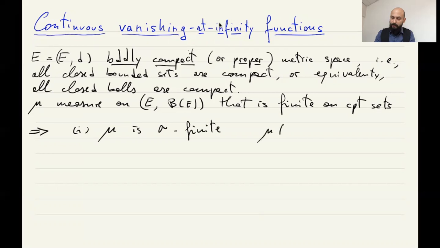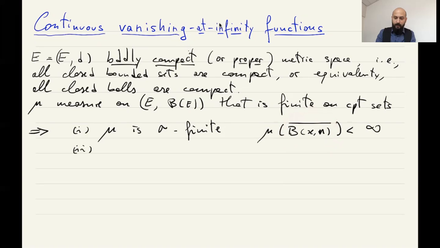This is because if I consider the closed balls of radius n at a given point, this is finite because this is a compact set, and as n goes to infinity, this is an exhaustion of the whole space.